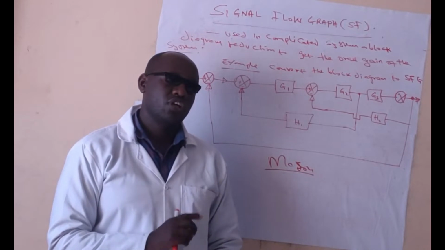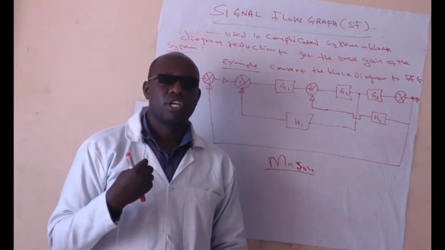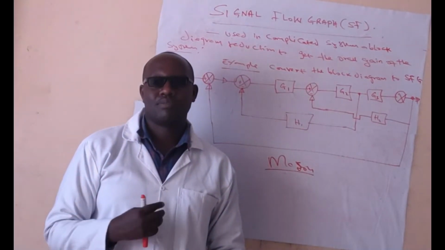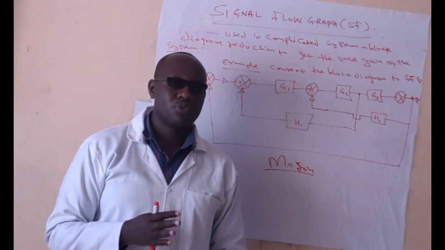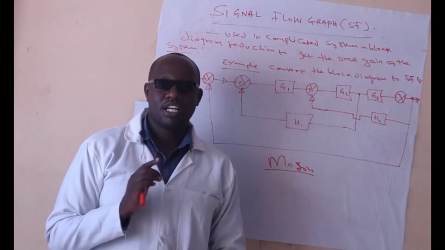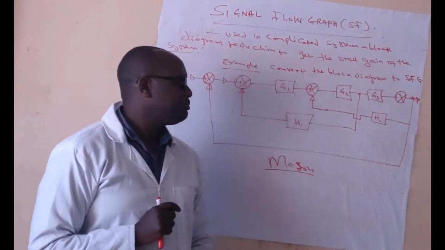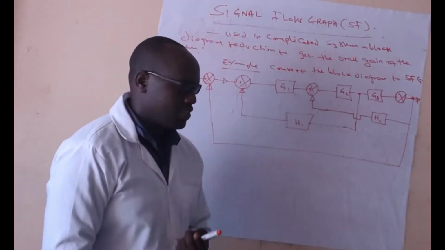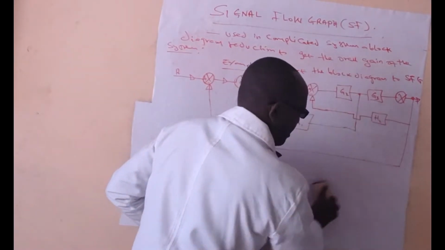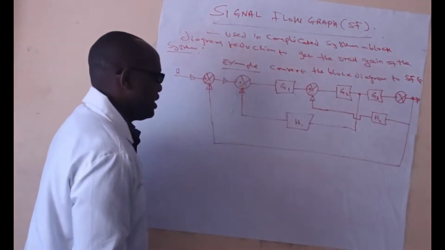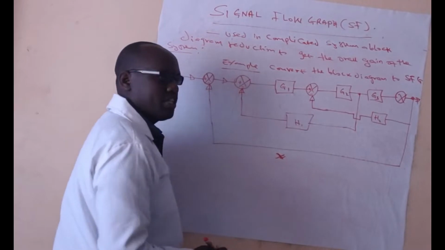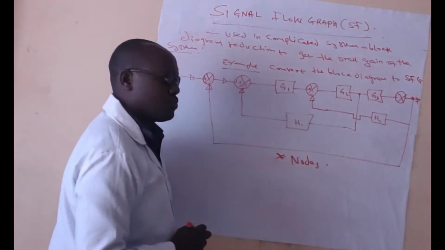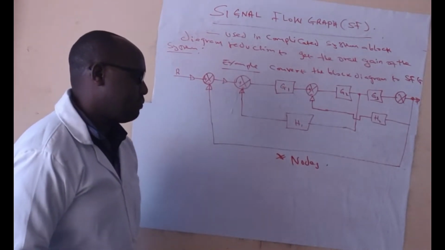In this lesson, we are going to see how to convert that into the signal flow graph. What are we supposed to consider to come up with a signal flow graph? The things that we need to consider are, one, the nodes, which help us identify the points.